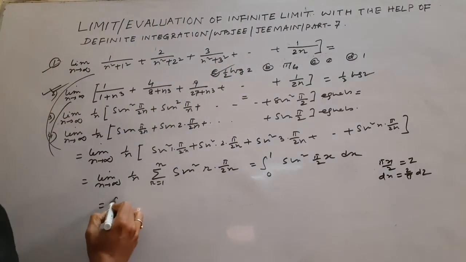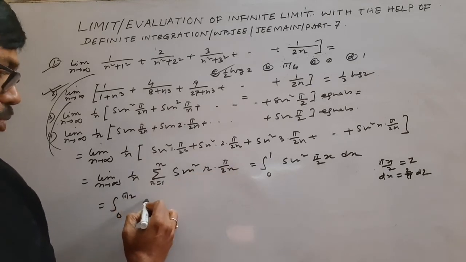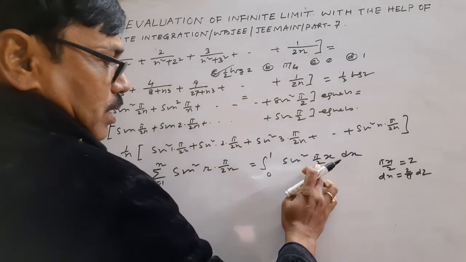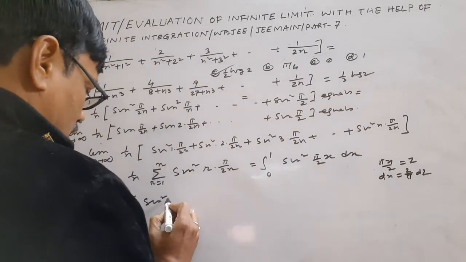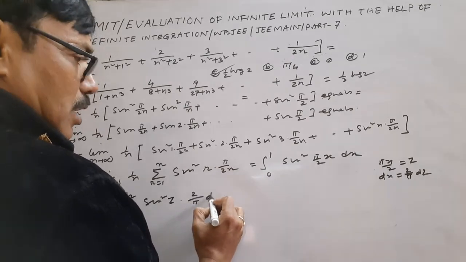So this is 0 to, if it is 1, pi by 2, sine square pi x by 2. So this is z, and this is 2 by pi dz.